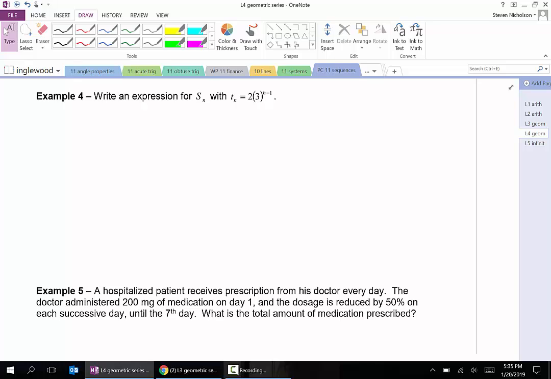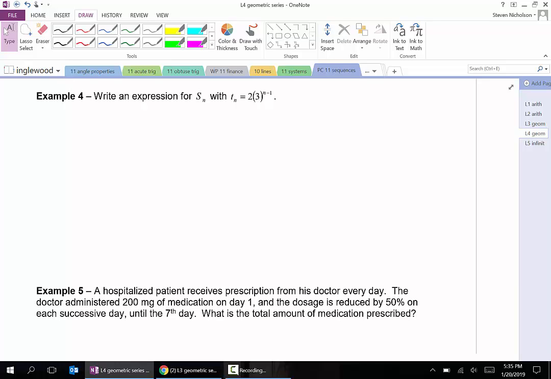Well, here's a neat little example where we're given the geometric formula for the term for this sequence, to figure out the value of a sequence, and we want to write S of n. So again, the problem seems to be that we have no information.